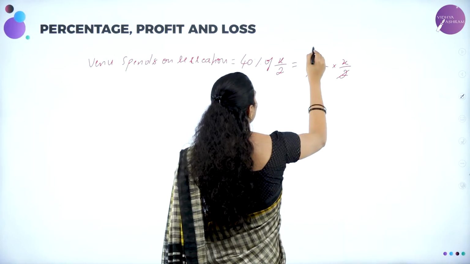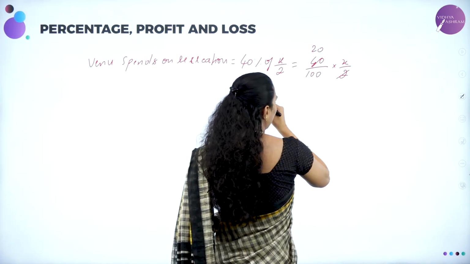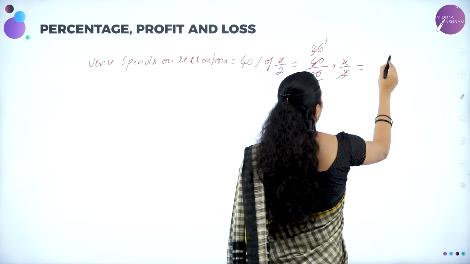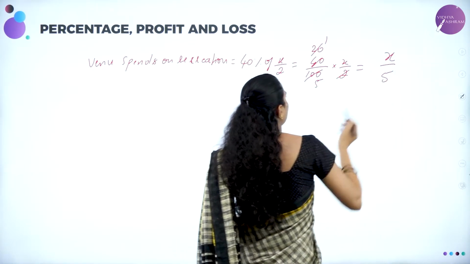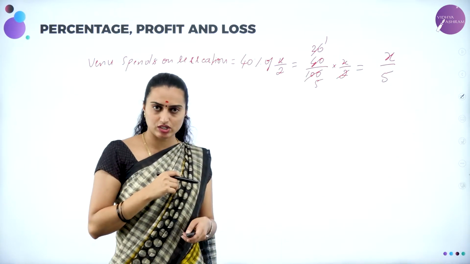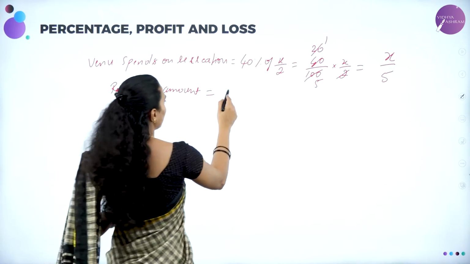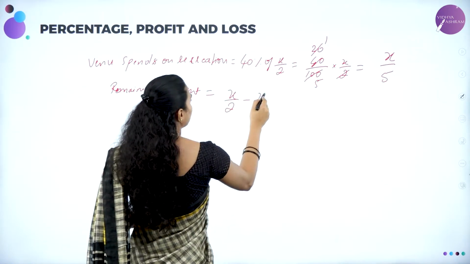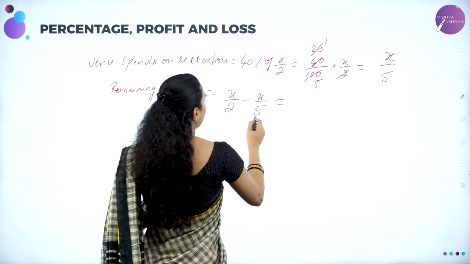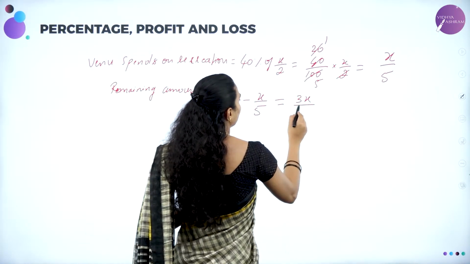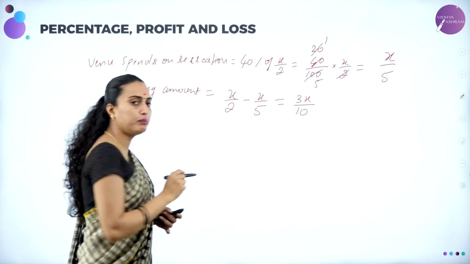So 2 ones are 2, 2 twenties are 20, 1 twenty-five is 25. So therefore, x divided by 5. He spends that on recreation, isn't it? What will be the remaining amount? The remaining amount will be x by 2 minus x by 5, which will be 5x minus 2x is 3x divided by 10. This will be the remaining amount.